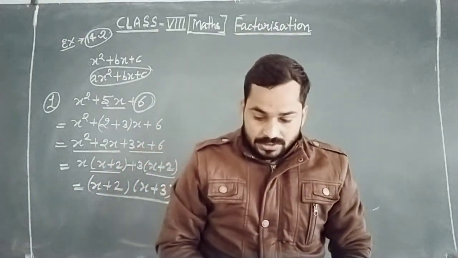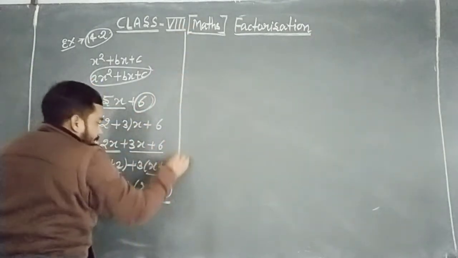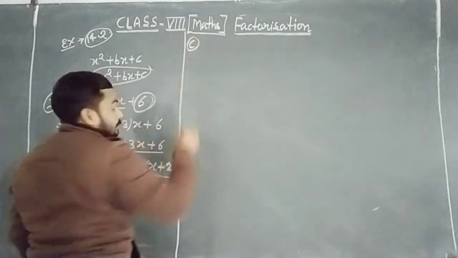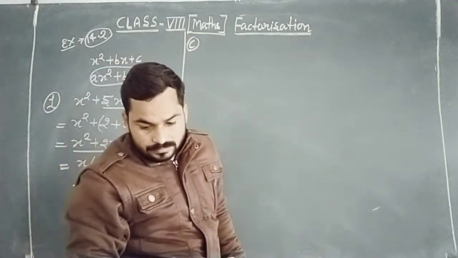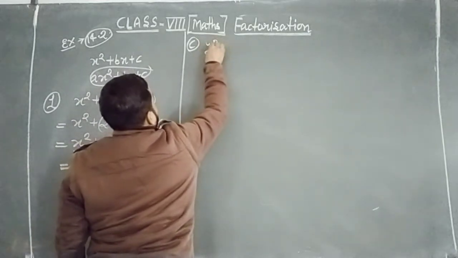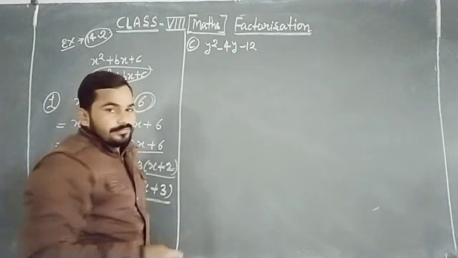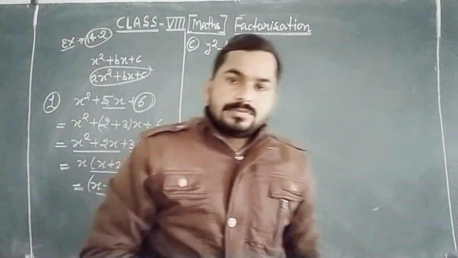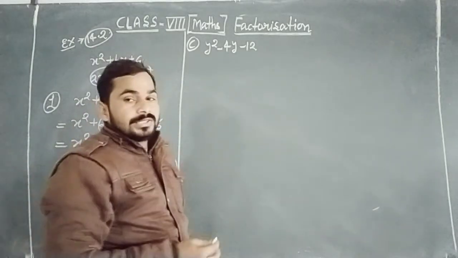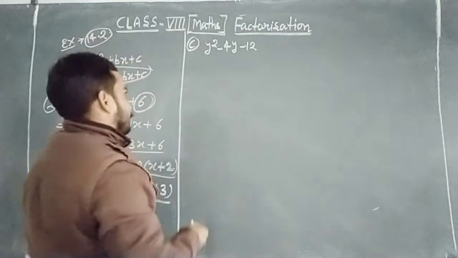Now take the c part. C part is y square minus 4y minus 12. Factors of 12: 2 times 6 is 12, 3 times 4 is 12, and 6 minus 2 is 4.